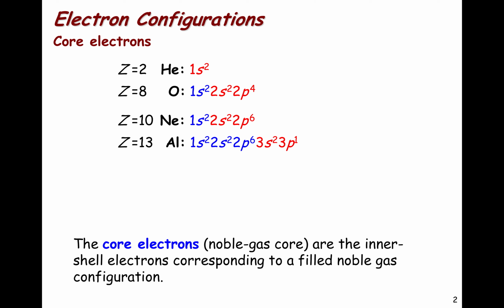This happens to have exactly the same electron configuration as the noble gas neon, which is the closest to aluminum on the periodic table in terms of atomic number. There are 3 additional valence electrons for aluminum that then occupy the 3s and 3p subshells, as shown here in red.